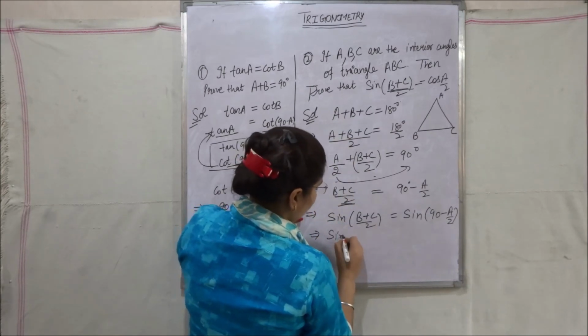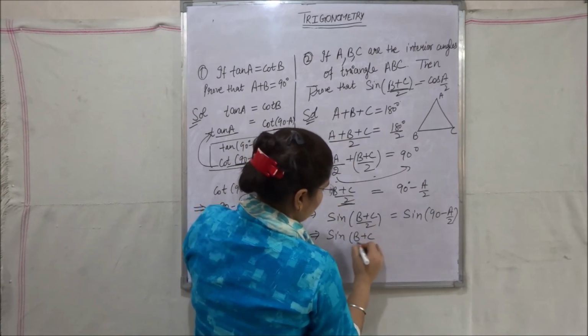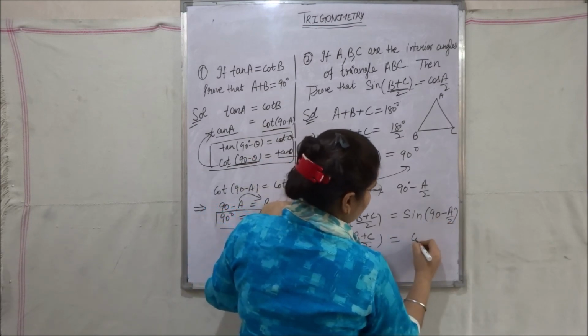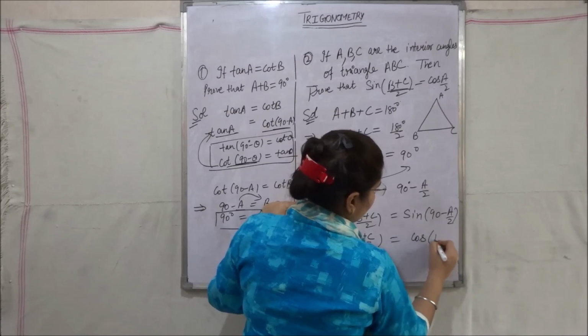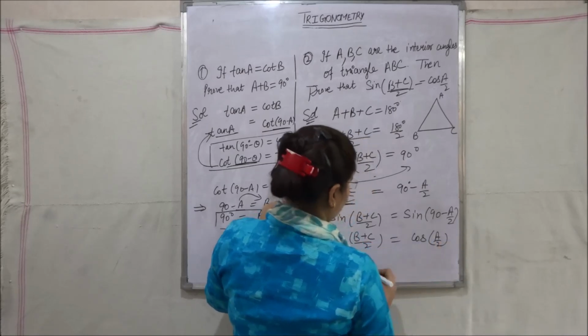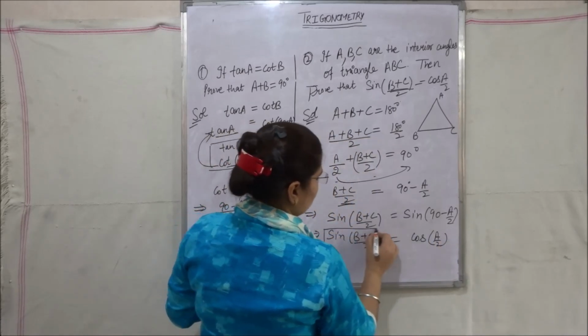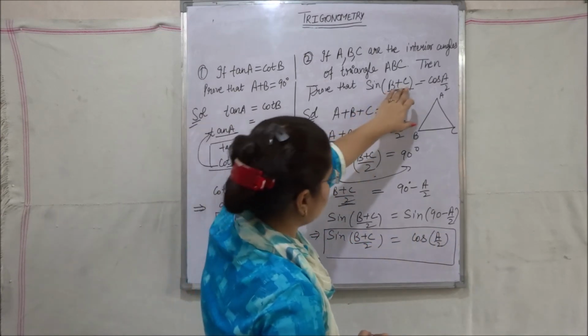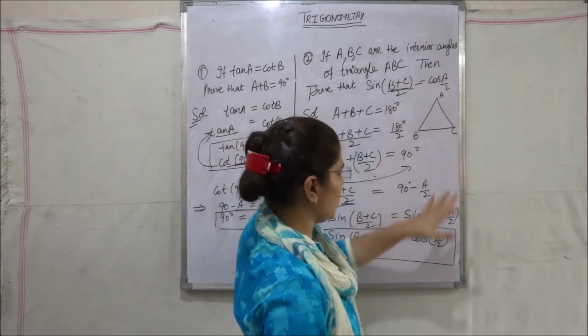Now we know that sine of 90 minus theta is cos theta, so this is cos of A upon 2. Hence we prove the above part, that sine of (B plus C) upon 2 equals cos A upon 2.